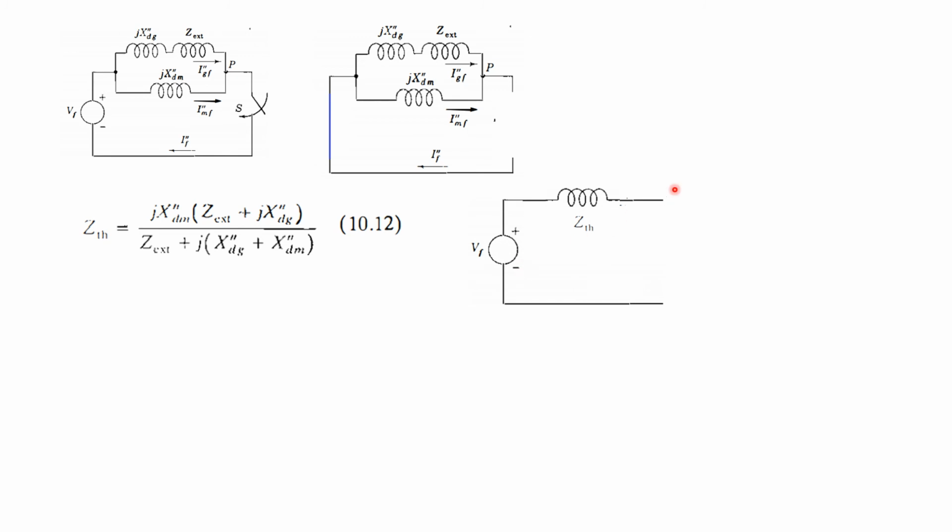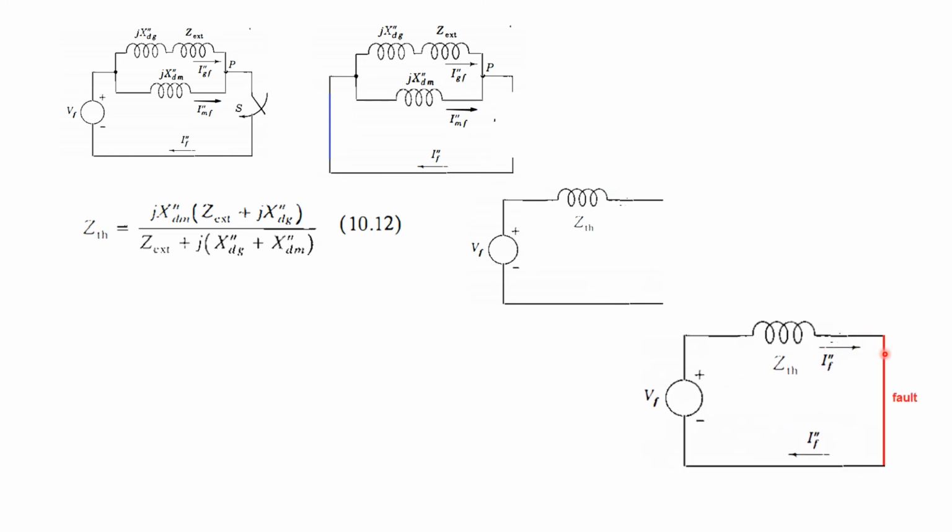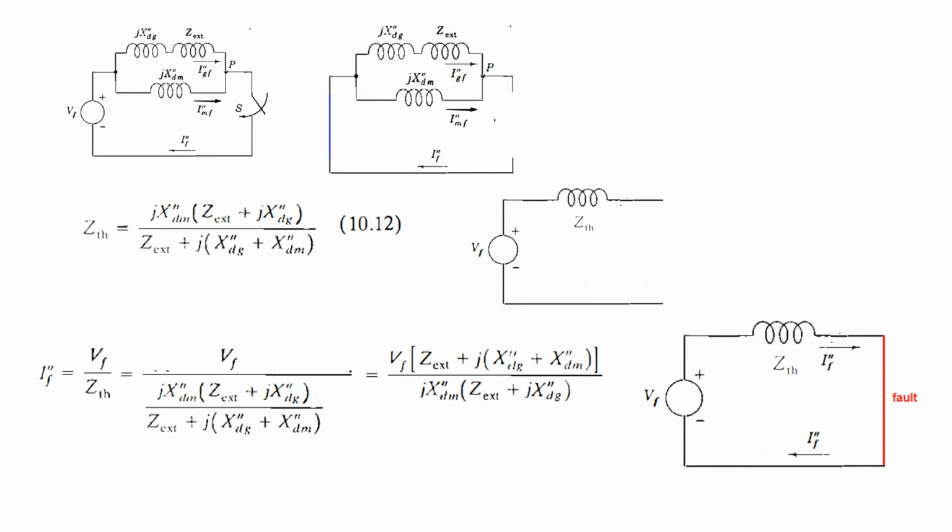And so our Thevenin equivalent circuit will now be this, the voltage source Vf and Z Thevenin. And to simulate the fault, now we short circuit this terminal to calculate the fault current. So fault current will be Vf over Z Thevenin, and putting the values you get this term.